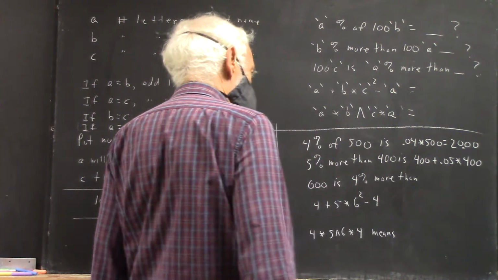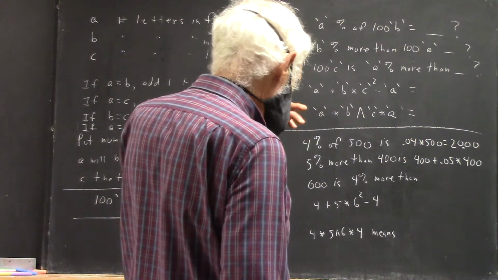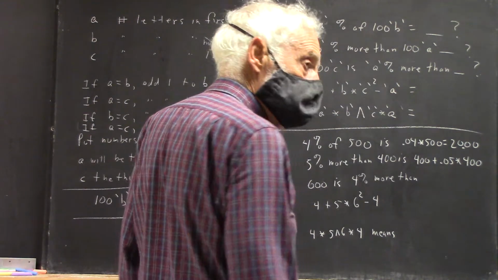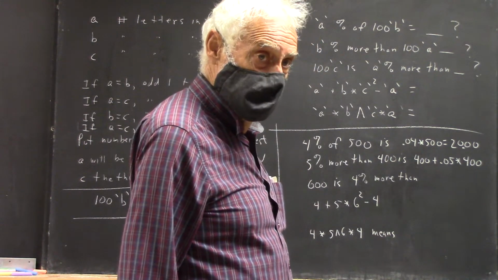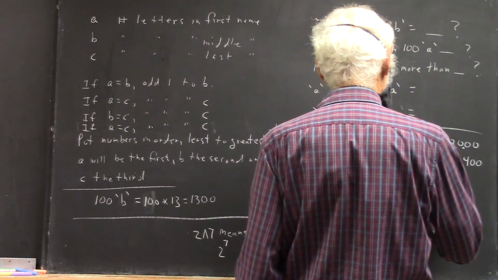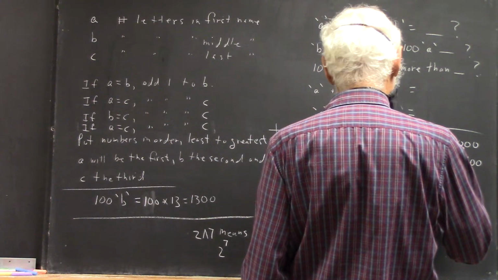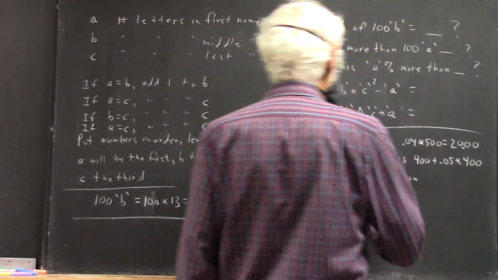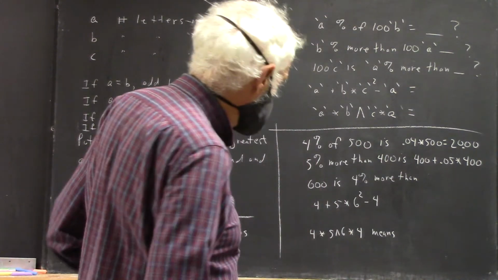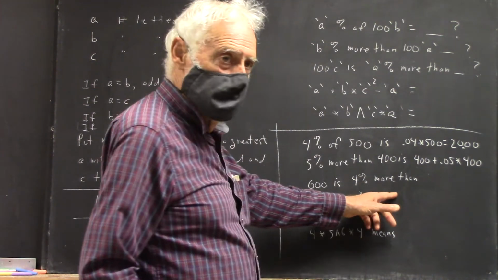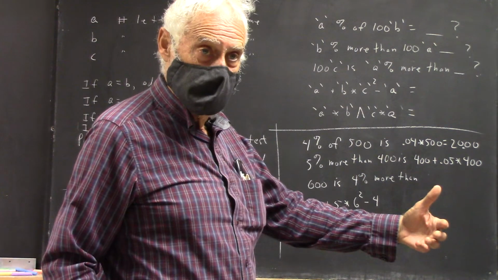600 is 4% more than what? Well, that one is a little bit tricky. Okay? Because 4% more than something is 1.04 times that something.